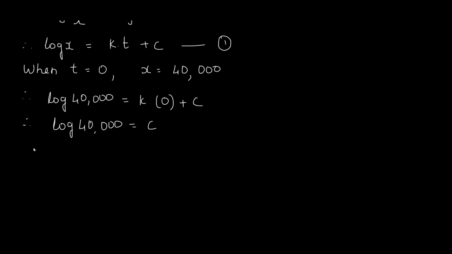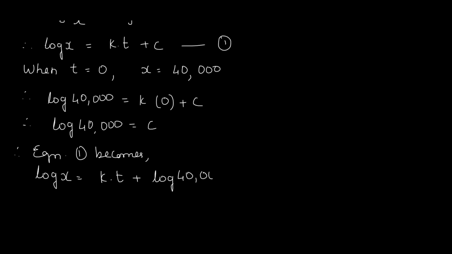So C becomes log 40,000. Therefore, equation 1 becomes log x is equal to k into t plus log 40,000. Instead of C, we write log 40,000 in equation 1. So this becomes our equation 2, suppose.